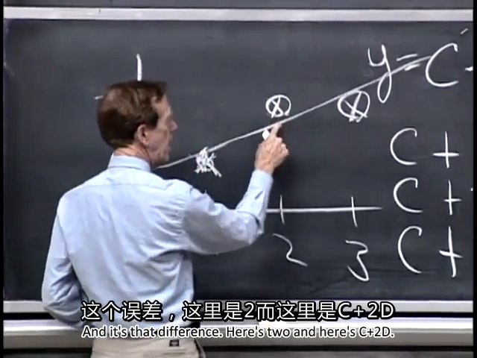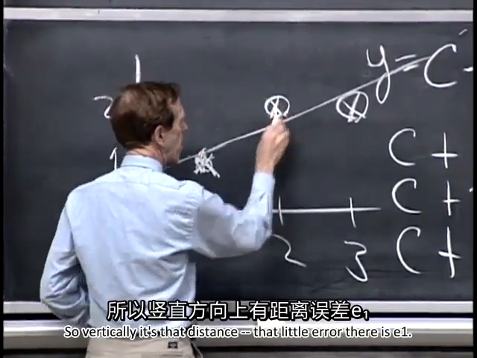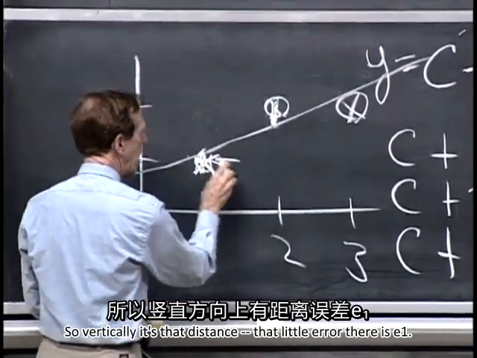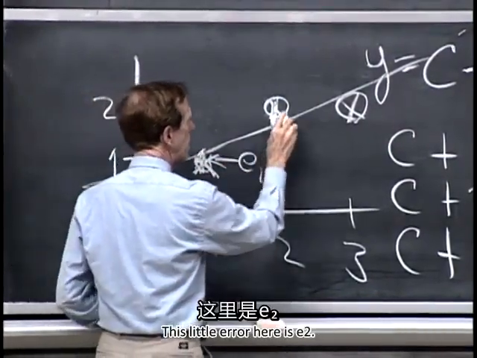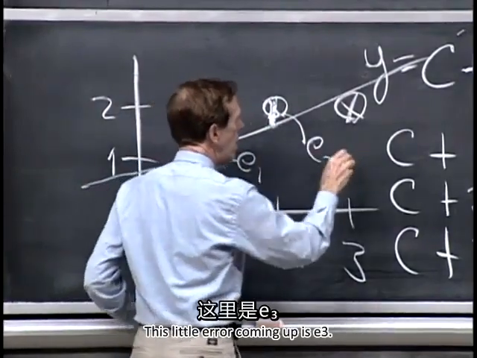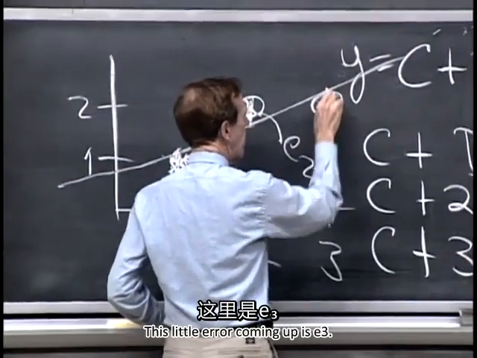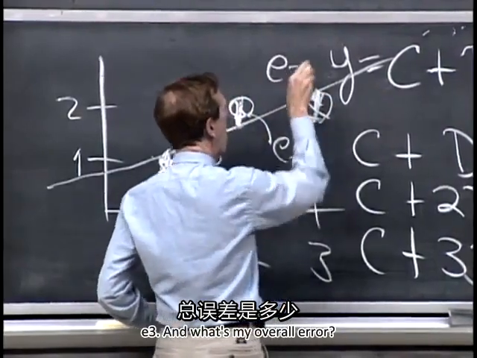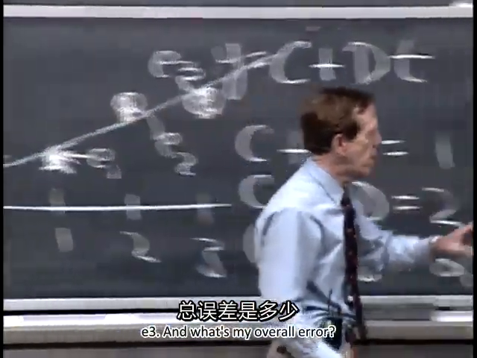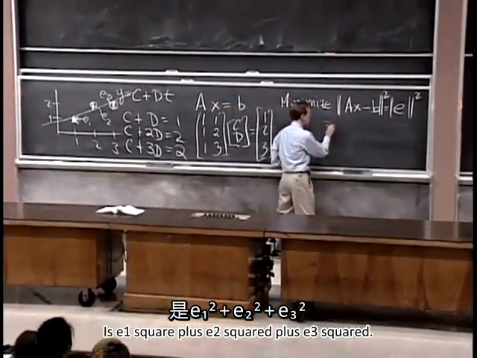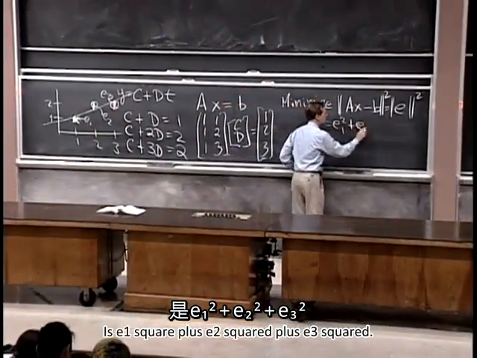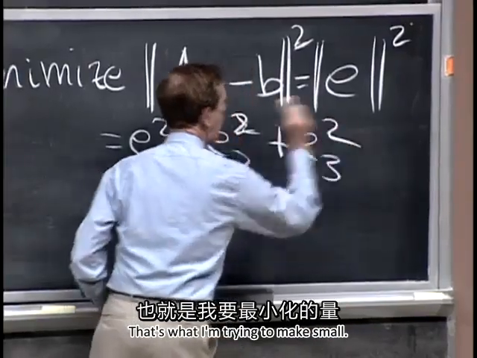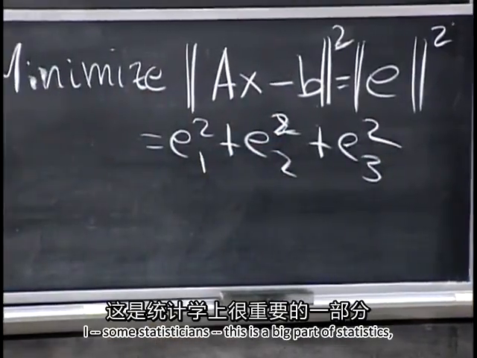Here's 2, and here's C plus 2D. So vertically, it's that distance. That little error there is E1. This little error here is E2. This little error coming up is E3. And what's my overall error? It's E1 squared plus E2 squared plus E3 squared. That's what I'm trying to make small.